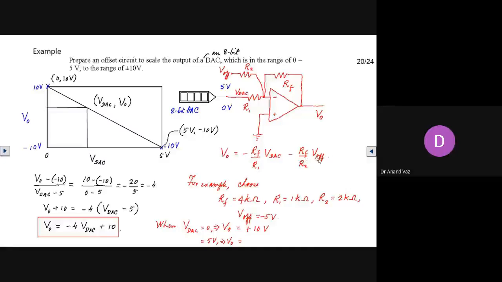So minus 2 into minus 5, that is 10. So here you will have minus 10 volts. So you are able to proceed like this. Okay. I hope this example is clear to you.